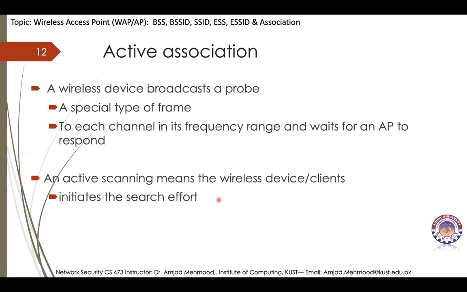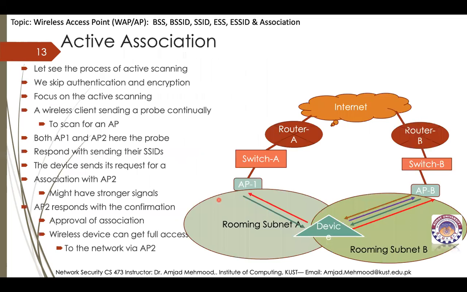As we mentioned, association has two types, active scanning and passive scanning. In active scanning, the device starts the scanning. For example, if this device is in the range of both access points, the device will start continually sending probes to the access points, and they will send their information to this device.